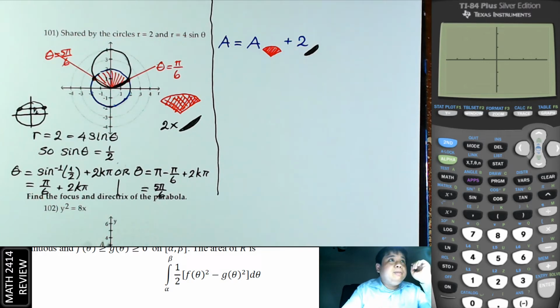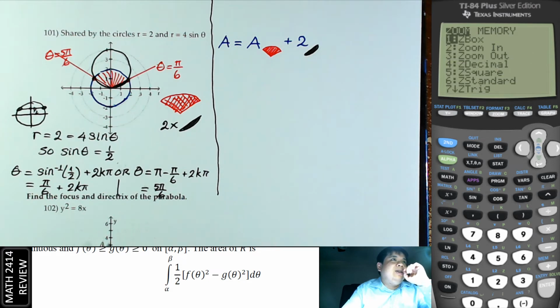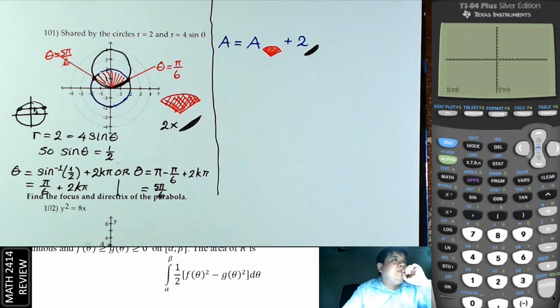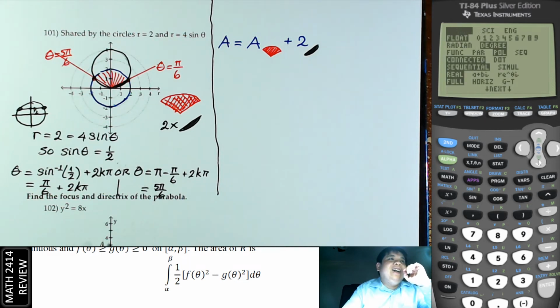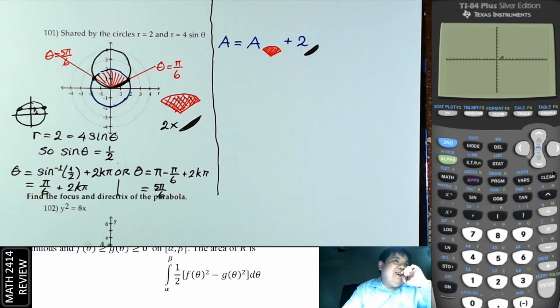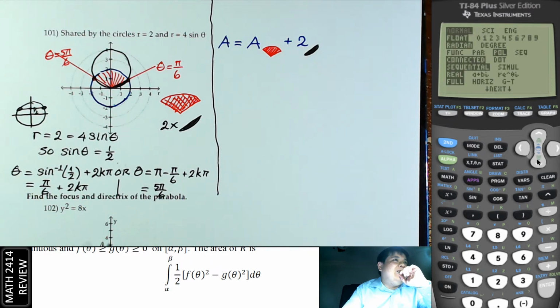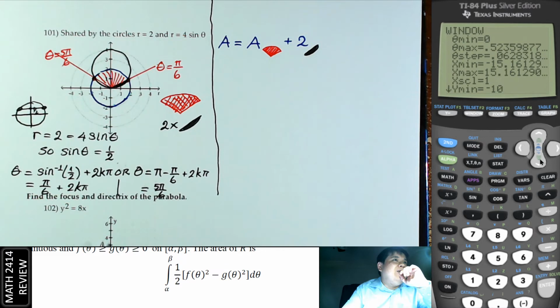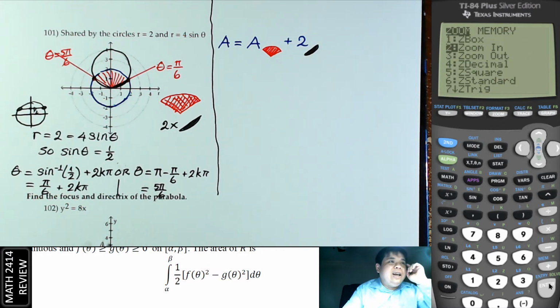Do you see anything? Nope. Let's zoom out. Oh, I know why. Should be in radian mode, sorry. Let's zoom in again.